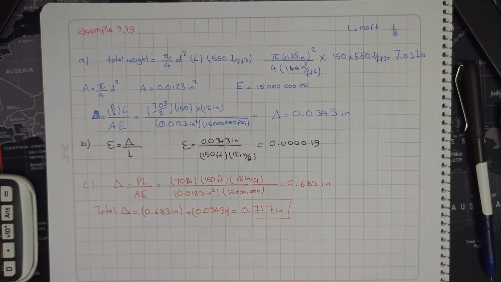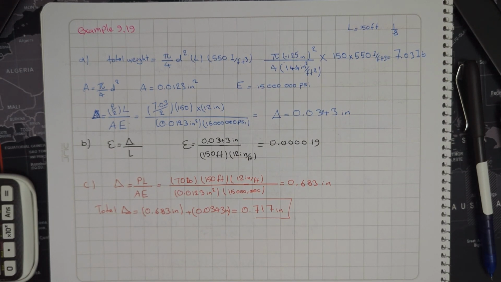And D, the maximum load P that this wire can safely support at its lower end if the allowable tensile stress is 12,000 psi. So to find the maximum load that can be safely supported, we calculate the maximum stress due to the weight of the wire.